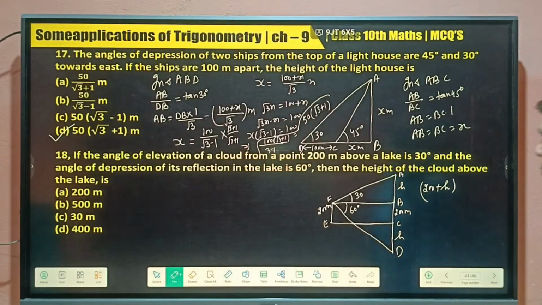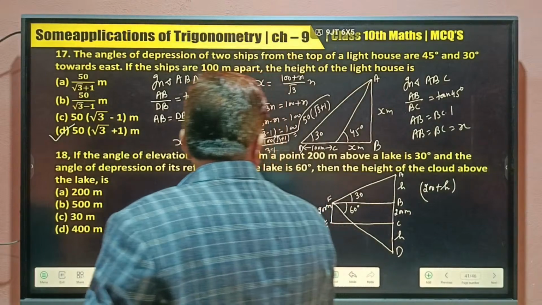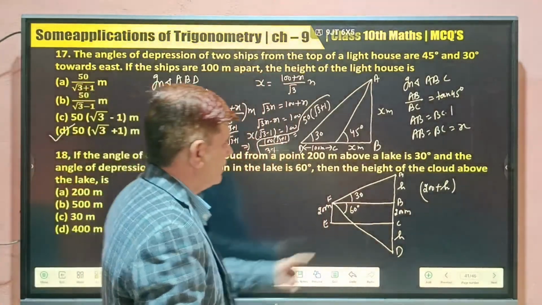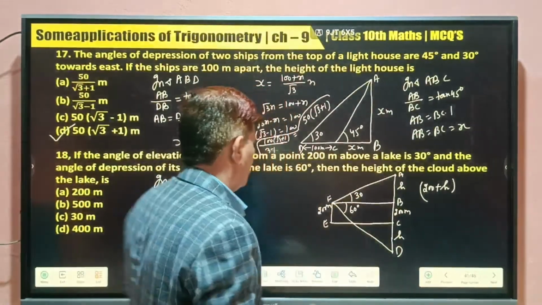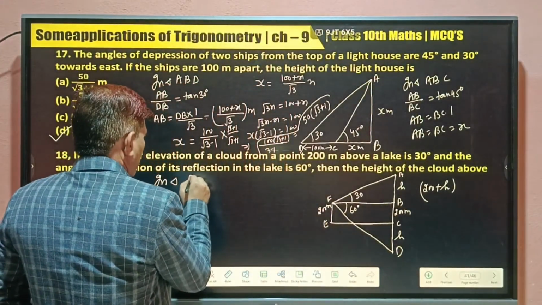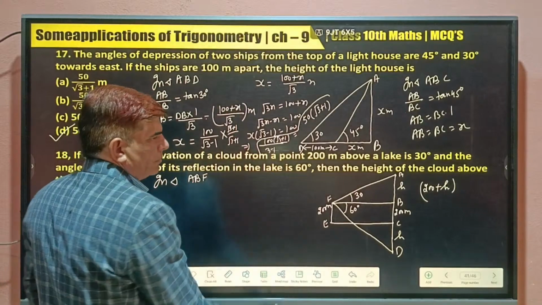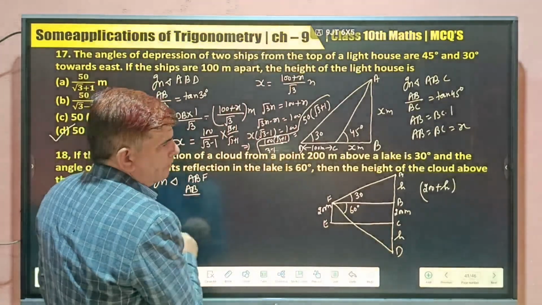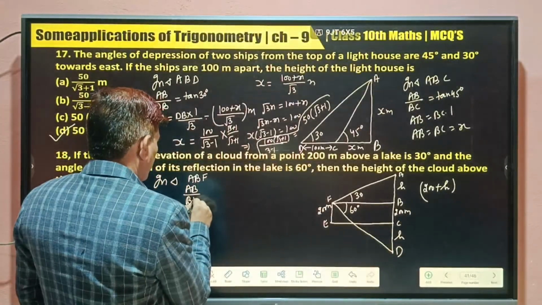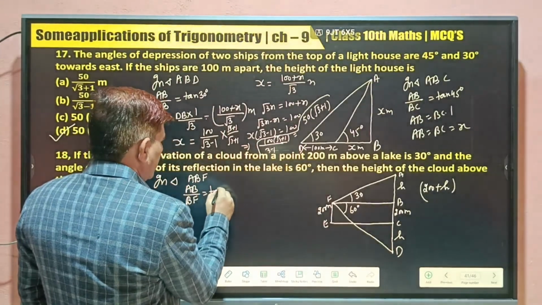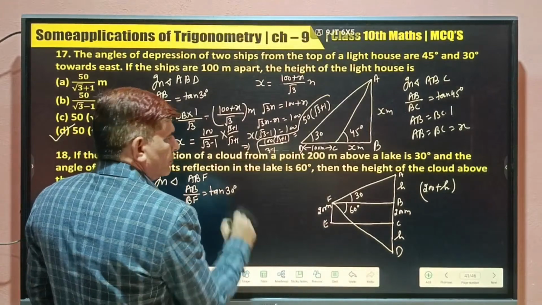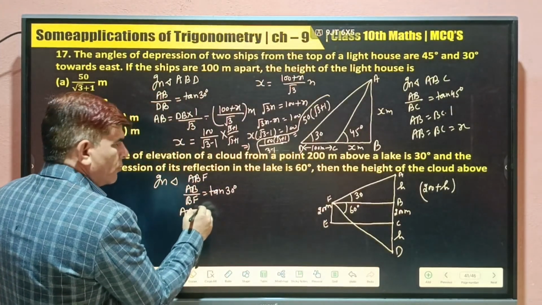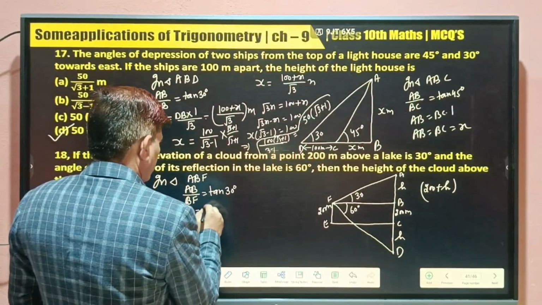So in what? In triangle. Which triangle? ABF. AB by BF is equal to tangent 30 degree. So what's your AB? Equal to BF.